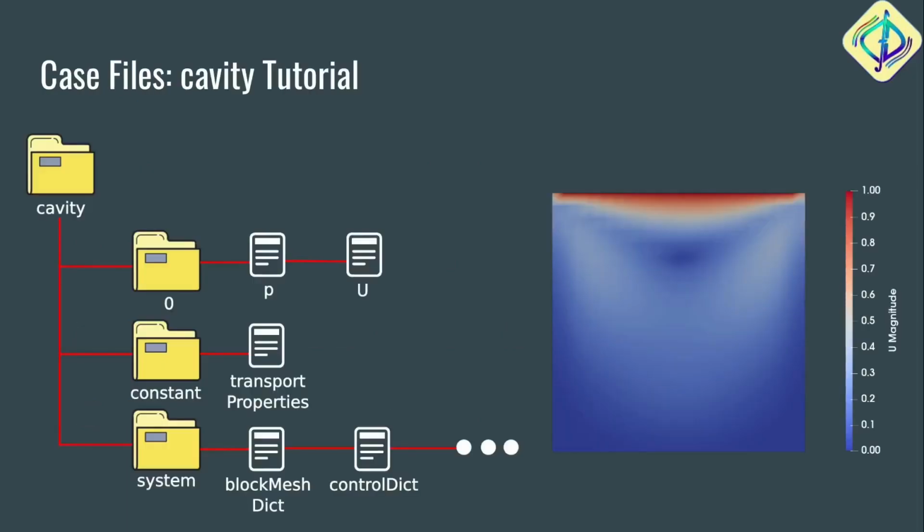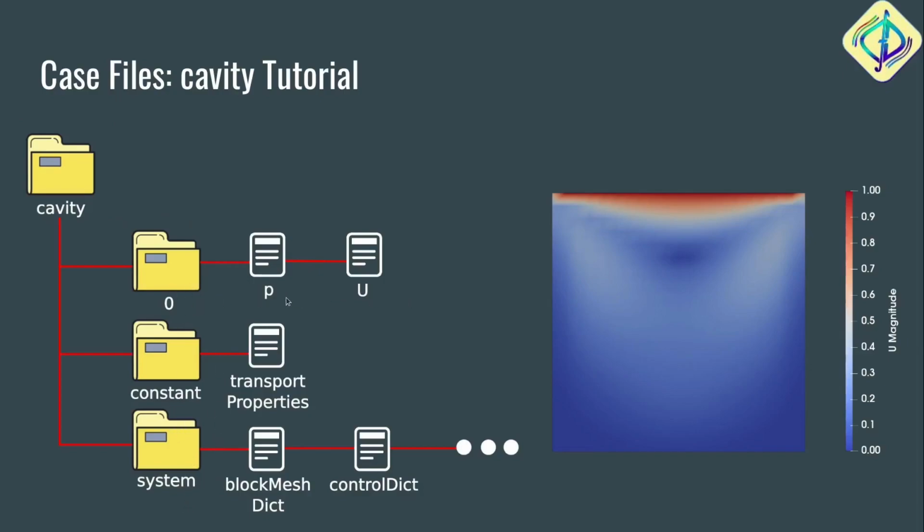Before going to the steady state part, let us summarize what we have learned in our spoken tutorial, setting up a test case in OpenFOAM. In that tutorial, we copied the cavity case into our run folder. Then we saw that there were 3 folders: 0, constant, and system.